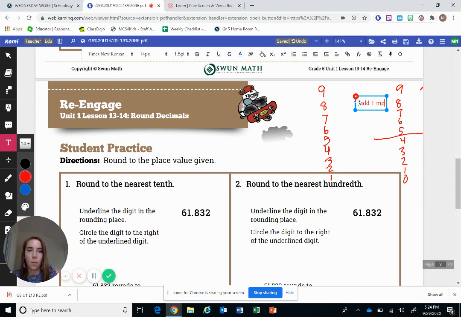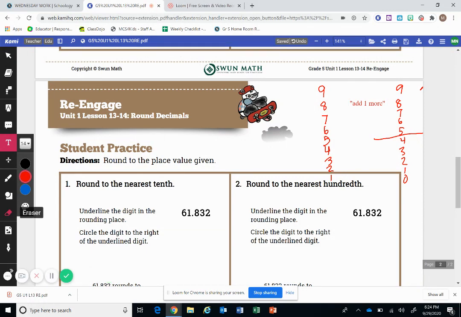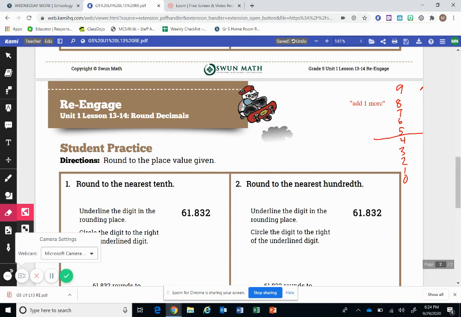Add 1 more. There we go. That is much, much better. So again, while you are doing this, if you want to pause the video, you can. And then that way you have your cheat sheet here. Looks like my arrow disappeared.